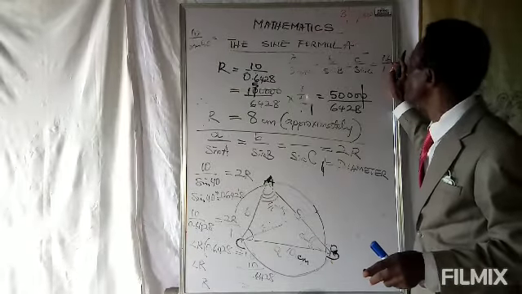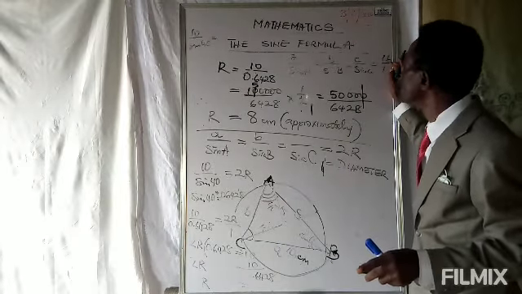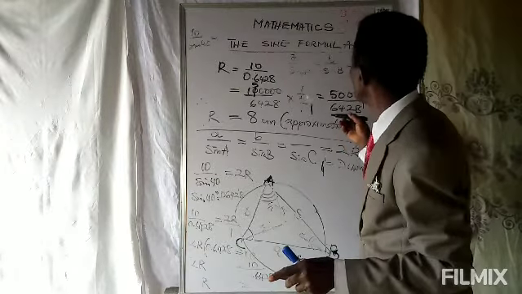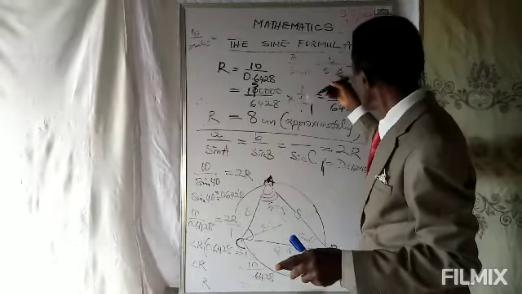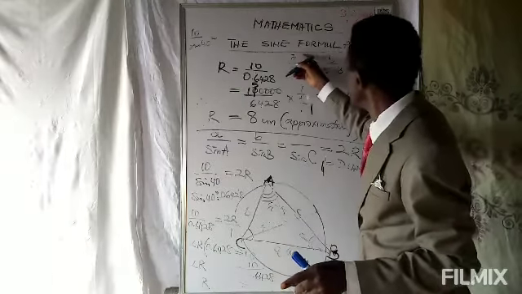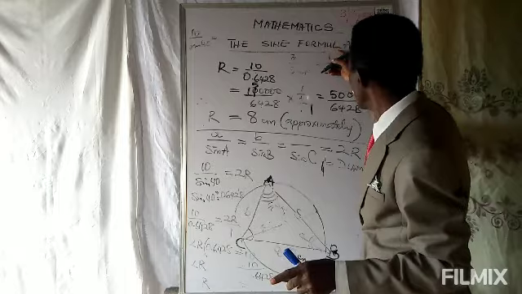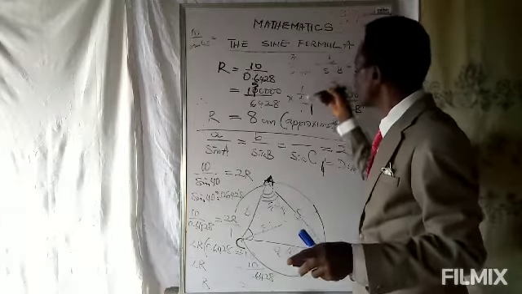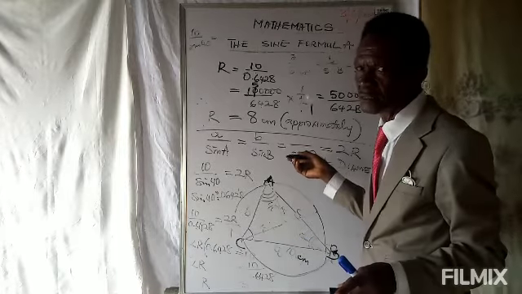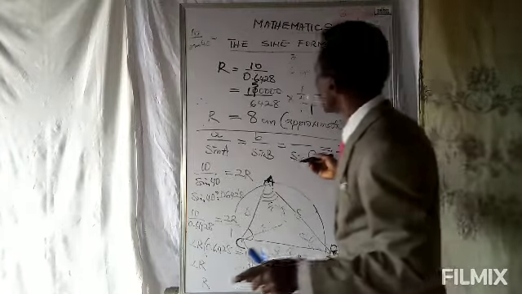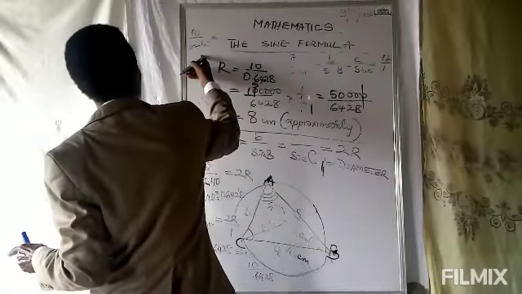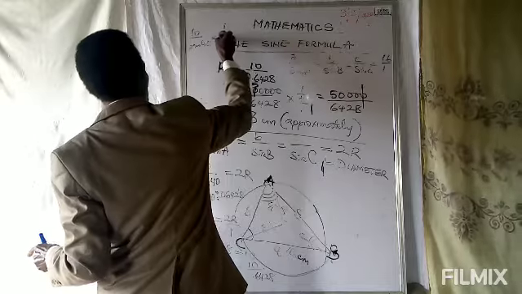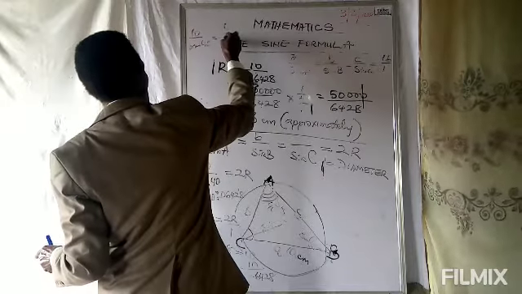To find B, we can also use this formula: A over sine A is equal to B over sine B. So let's say B now is 50. So we say A over sine 40 is equal to B over sine 50.